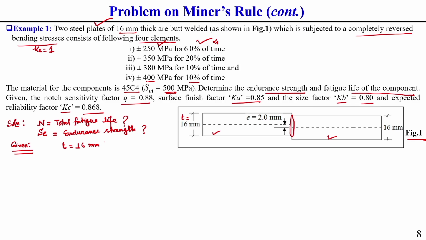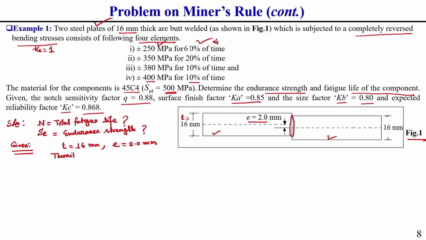Then the two plates are subjected to some eccentricity e, which is equal to 2 millimeter. Based on this information, for an eccentric type of joint, we can easily find out the theoretical stress concentration factor.